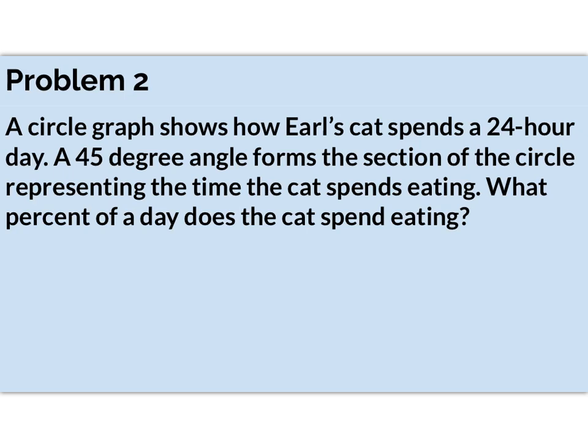So our second one. In a 24-hour period, a 45-degree angle forms a section of the circle representing the time a cat spends eating. Well, what percent of the time? Okay, so now this gets into a little geometry, a little circular math. You have to know that a full circle is 360 degrees.